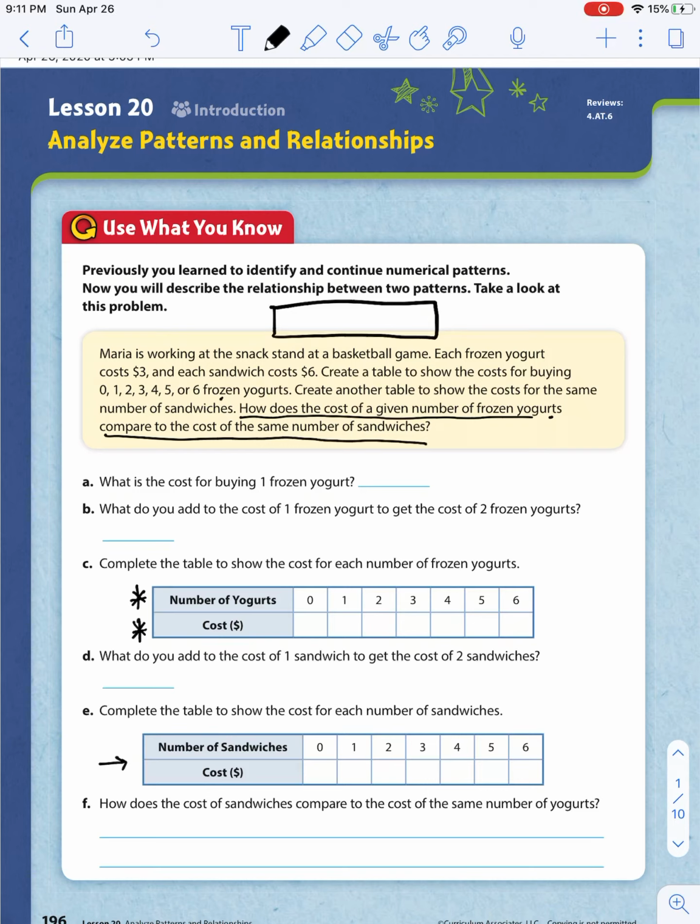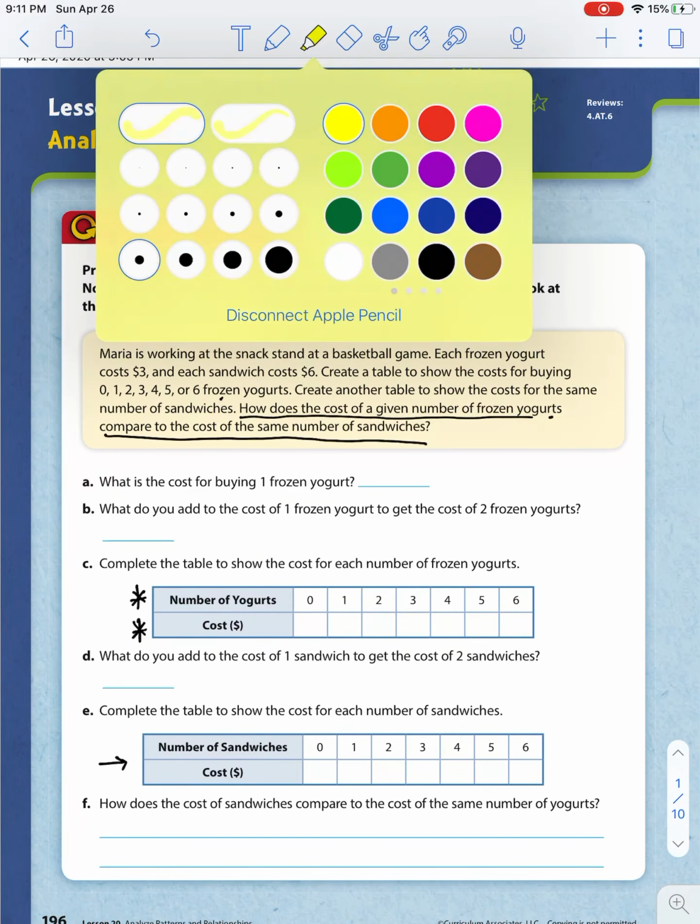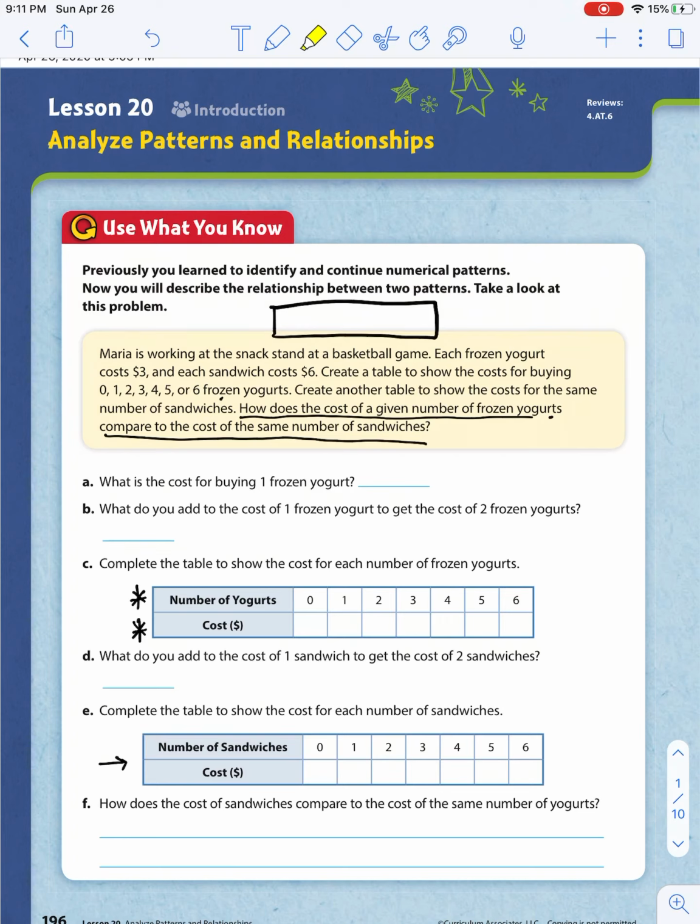Letter A. What is the cost for buying one frozen yogurt? So if we go up into our original problem, the frozen yogurt costs $3 each. So we're going to say that one frozen yogurt is $3.